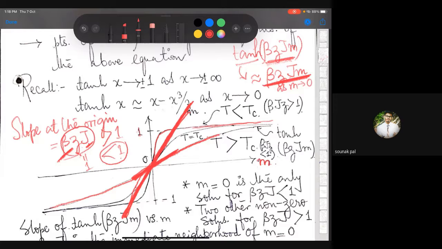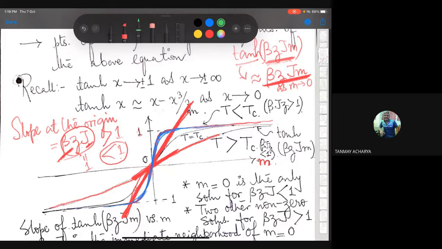What is the other situation? When beta Jz has a value larger than 1, that means the slope is larger than 1, then the curve will be this one. Let me use a different color maybe. And what is the last situation, when beta Jz has a value exactly equal to 1?